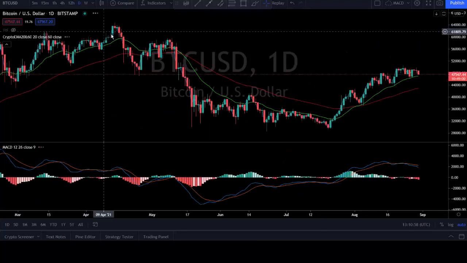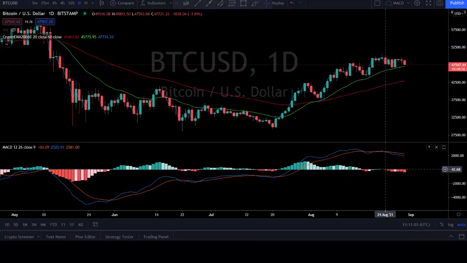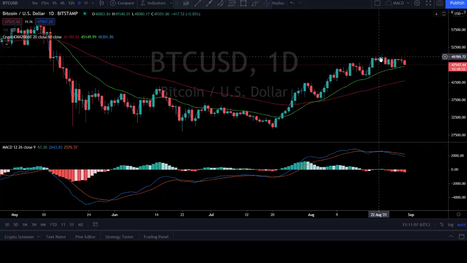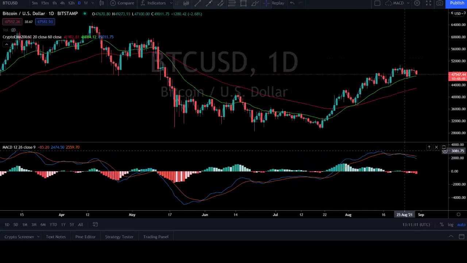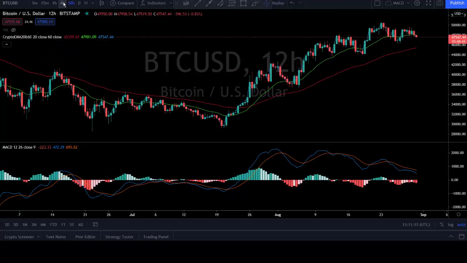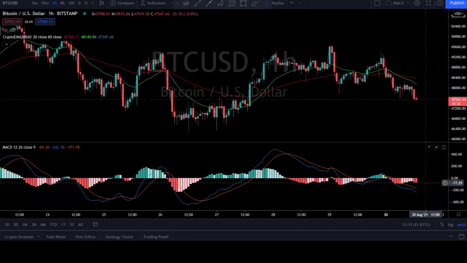If we go to the 1 day time frame for the MACD, we can see it crossed negative on the 23rd of August. Even earlier, at the peak of this, the MACD was already crossing bearish. So on the daily it's crossed bearish, the 12 hour is crossed bearish, the 4 hour has crossed bearish and is extending, and the 1 hour is crossed bearish.